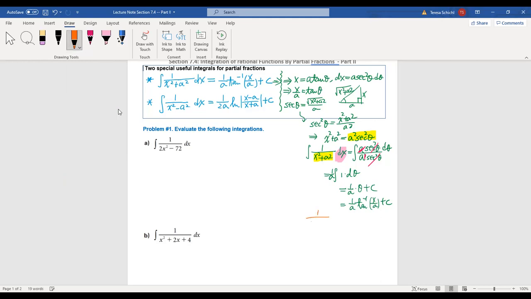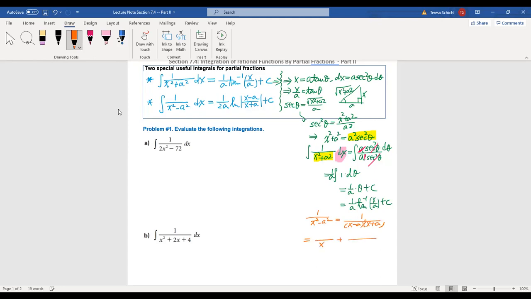So in here you have x squared minus a squared, and this one we know will be x minus a times x plus a, right? Okay, so a squared minus b squared is a perfect candidate for the partial fractions.